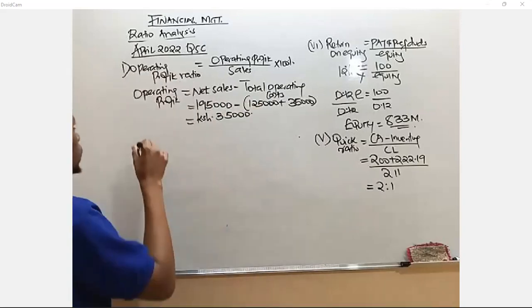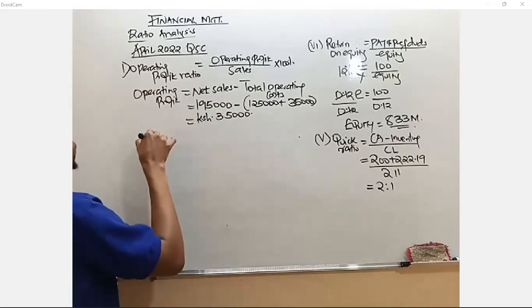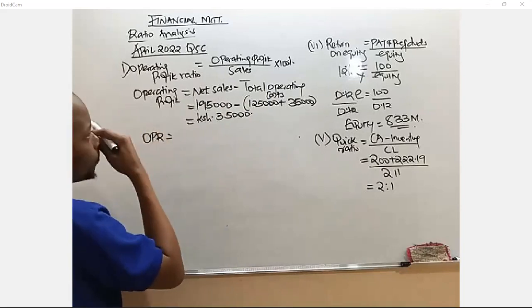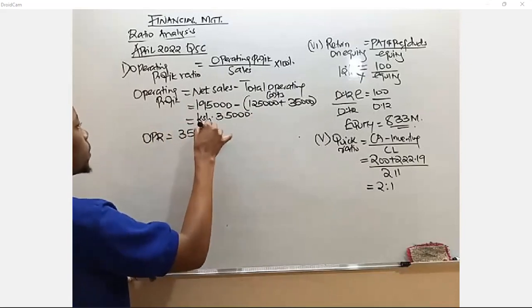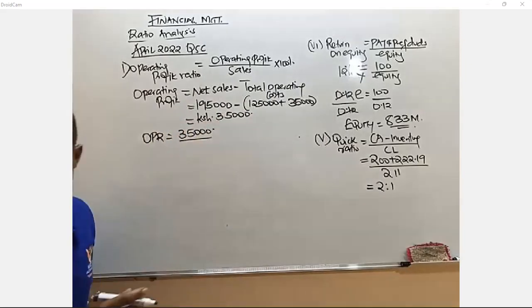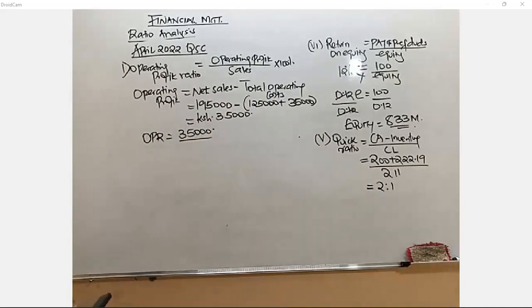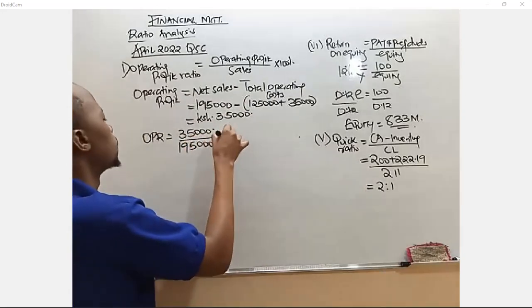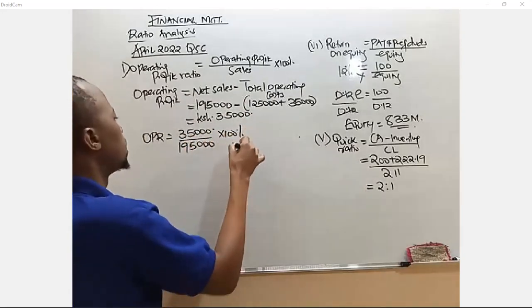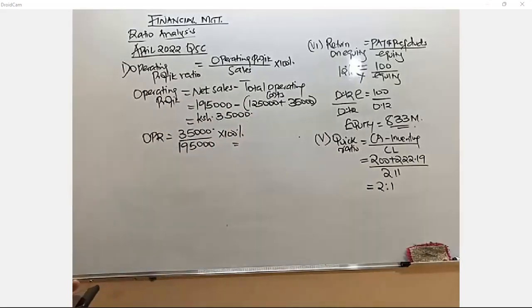Now, to get my operating profit ratio, I take my operating profits, that 5,000, and divide by my net sales, let's say around 105,000, times 100%. How much is it?